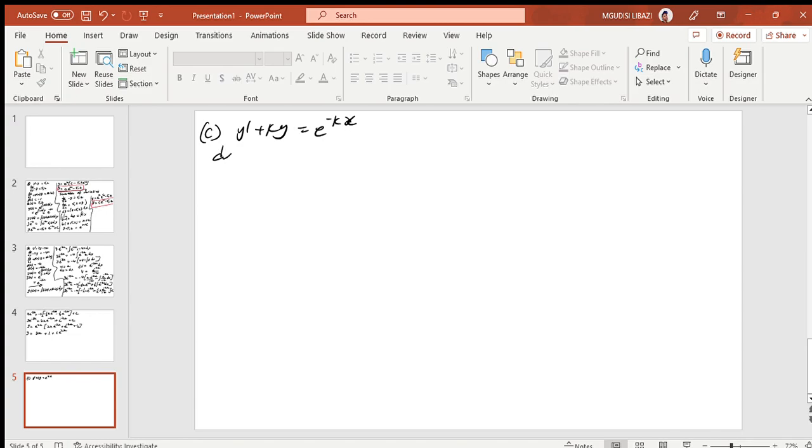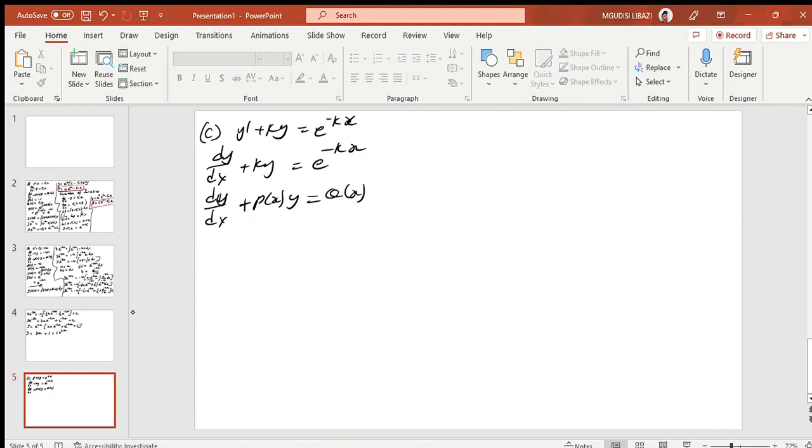So we can say dy over dx plus ky is equal to e raised to negative kx. And then this is in the form dy over dx plus p of x multiplied by y is equal to q of x.